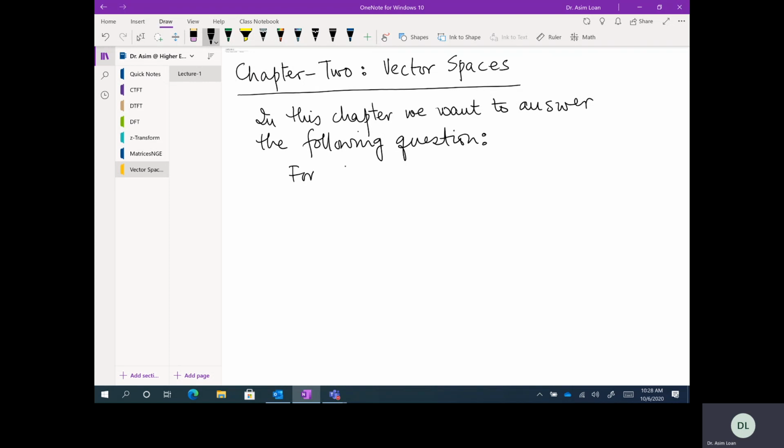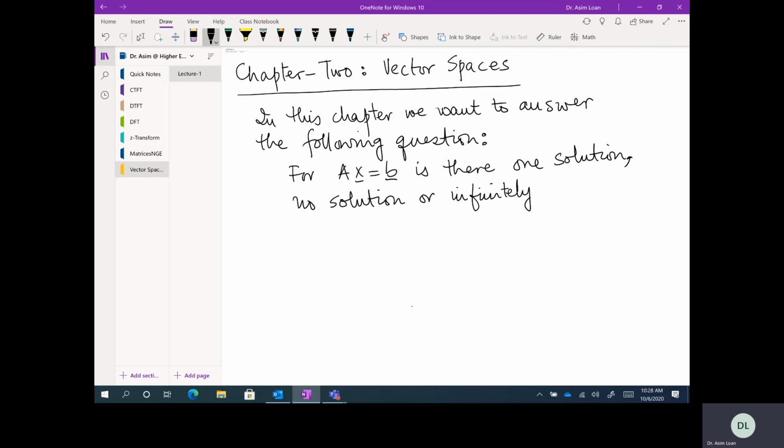For Ax equals b, is there one solution, no solution, or infinitely many solutions? So no solution, one solution, or infinitely many solutions.